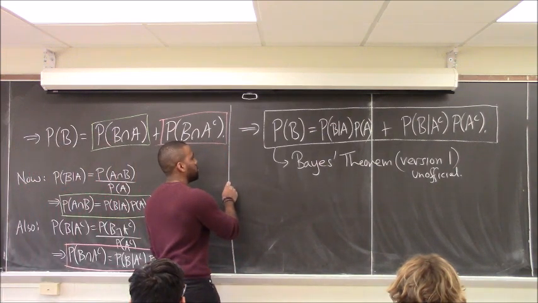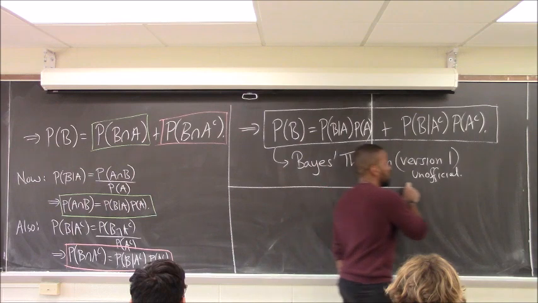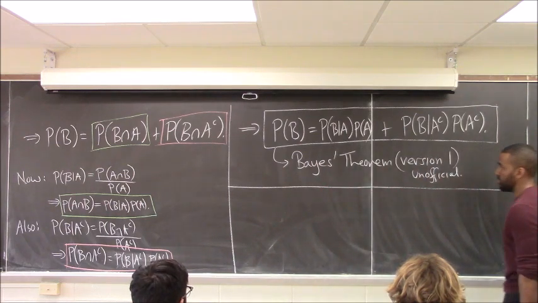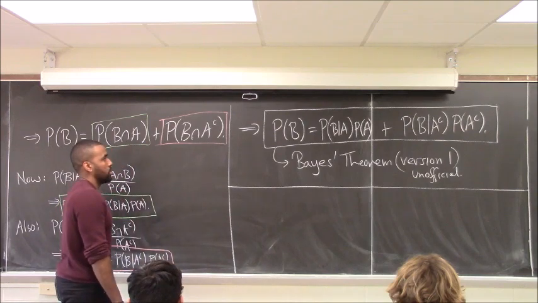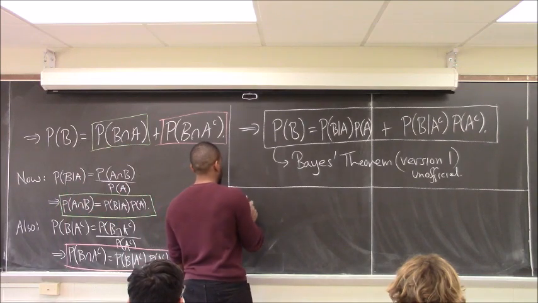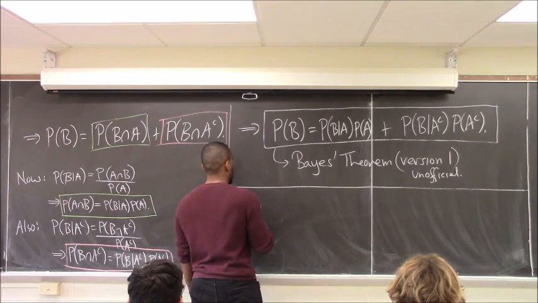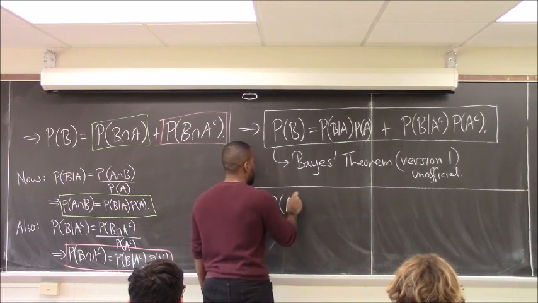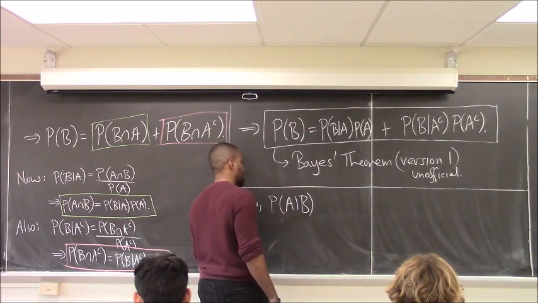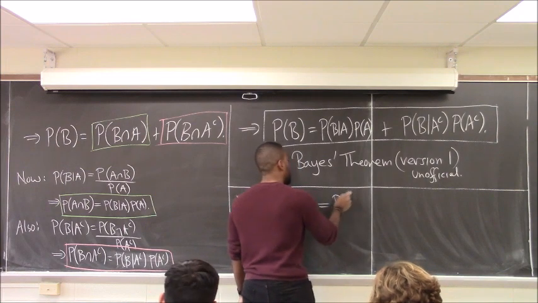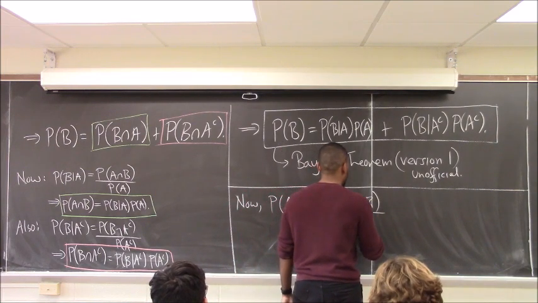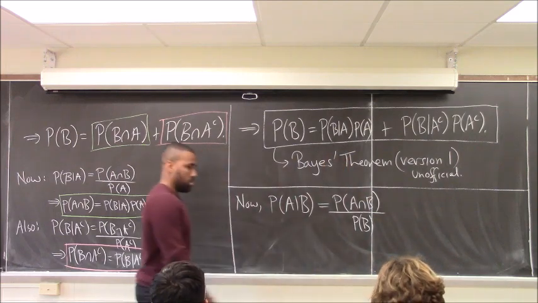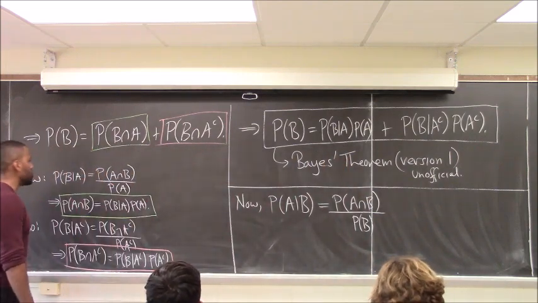So here we are going to continue to go further. Now, the probability of A given B. We know this is equal to the probability of A and B divided by the probability of B. That is by definition, nothing new there.